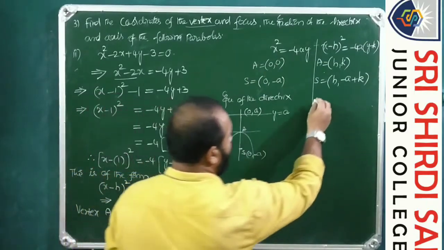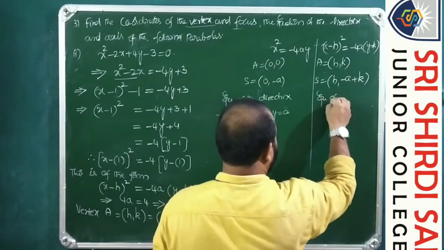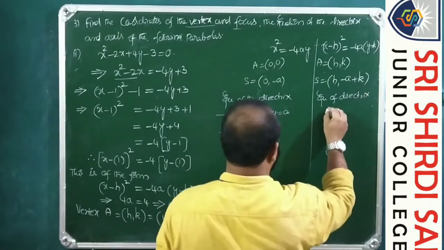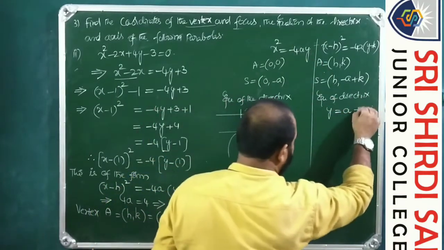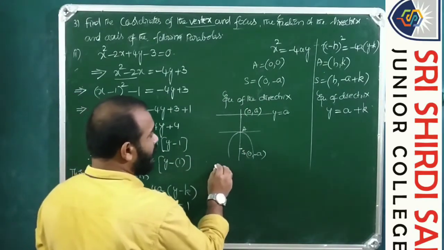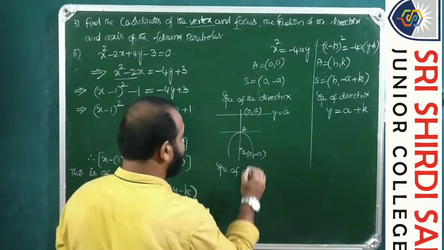Here, the equation of the directrix is y equals a plus k, since k would be added. Now the equation of the axis. What is the axis?